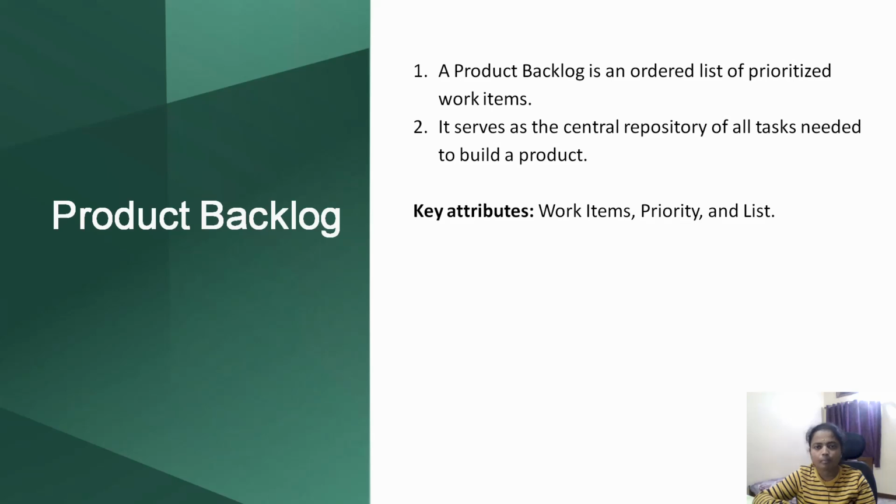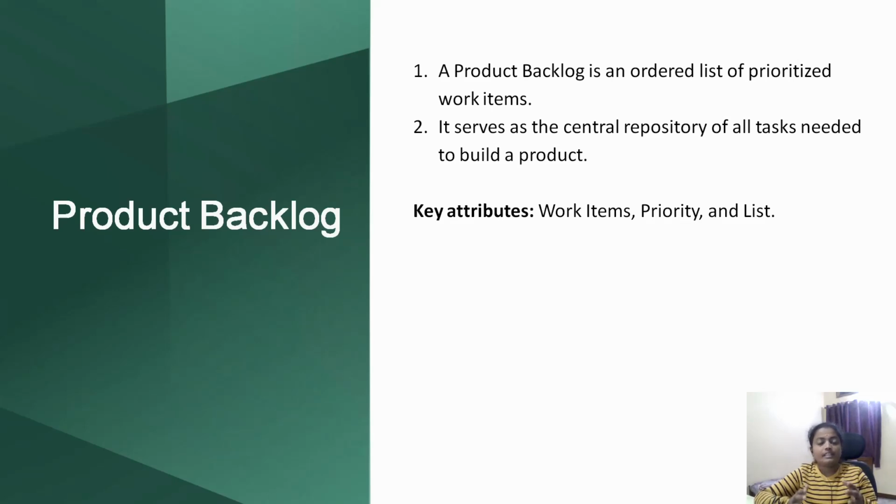So inside the product backlog, whatever is related to that project, if I want to build a product or a project, whatever things I need, all those requirements are available as part of the product backlog. A product backlog is also called a backlog. Why am I stressing this point? Because we will also learn about one more backlog in future. So anytime you see only backlog, that is referring to product backlog. And it is also the master backlog or the main list of work items.